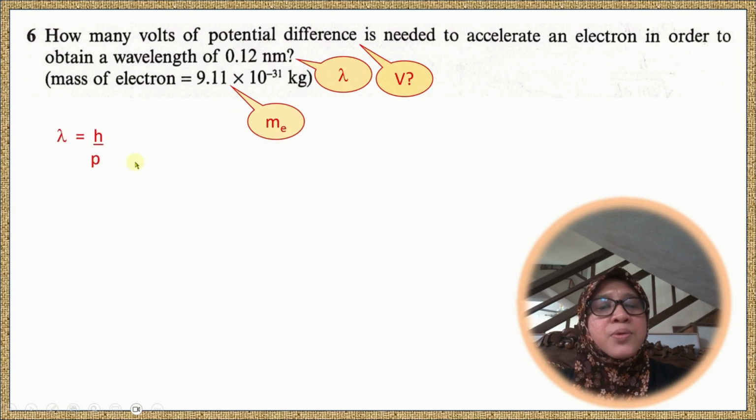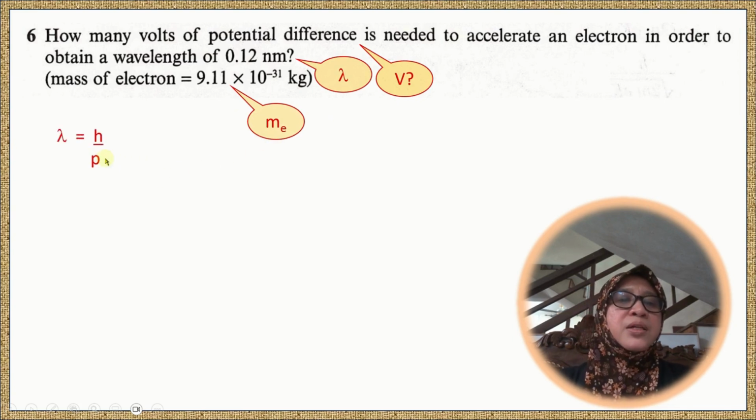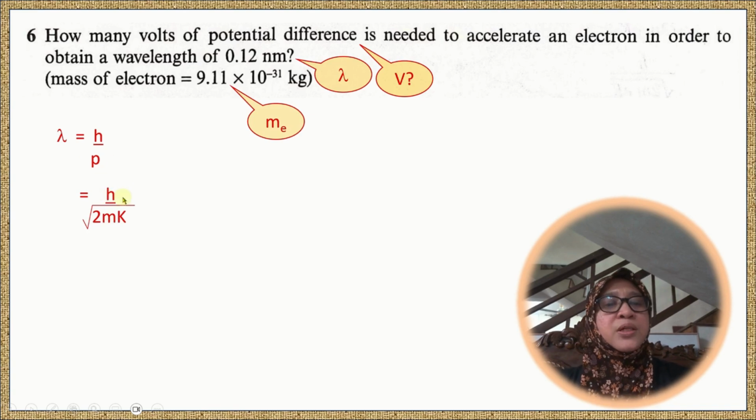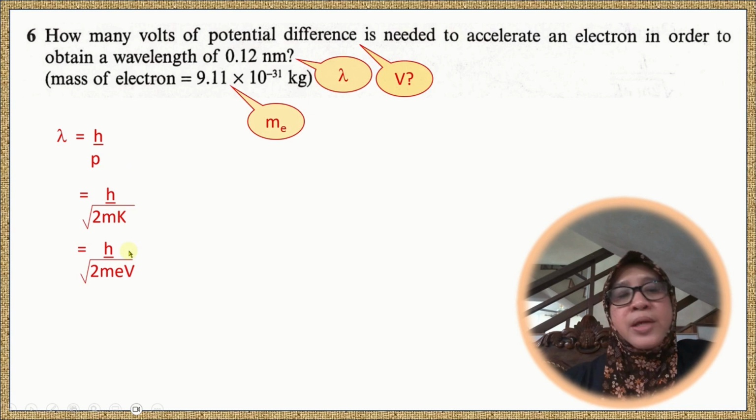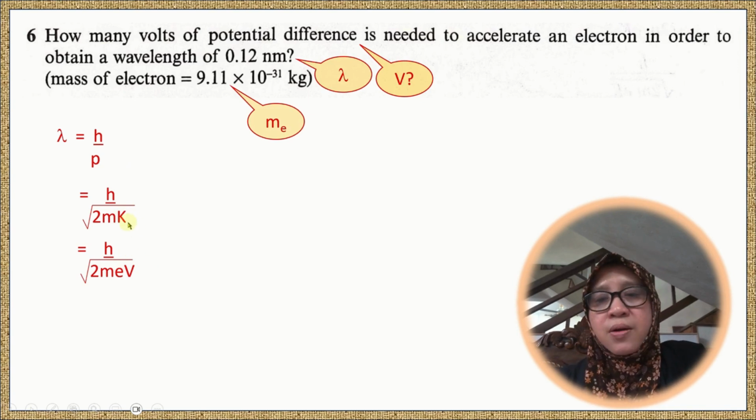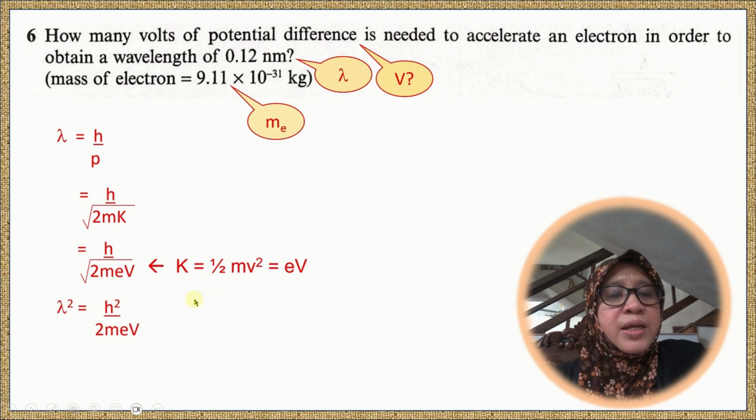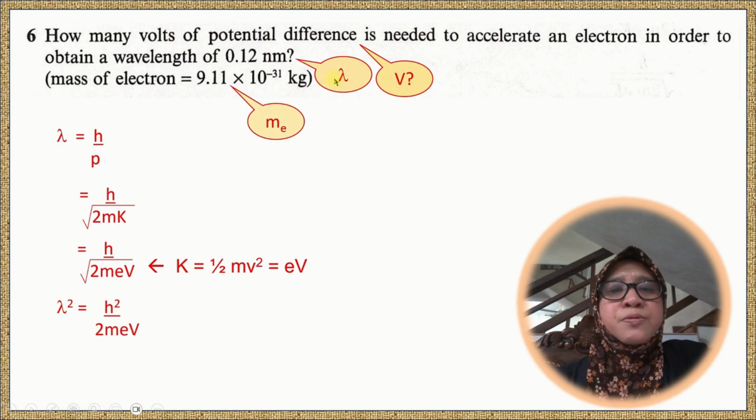Now we use the de Broglie wavelength: lambda equals h over p, and it also equals h over square root of 2mK. And from the principle of conservation of energy, kinetic energy is equal to eV. Now we substitute, as we are going to find the potential difference.